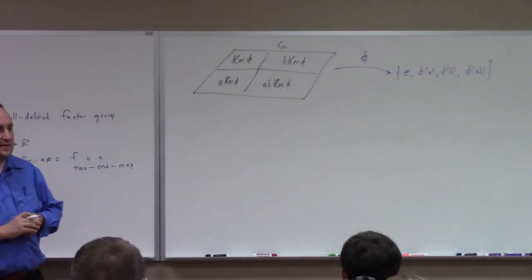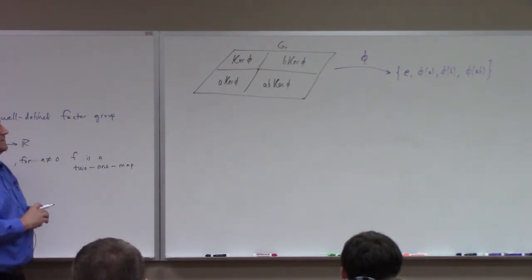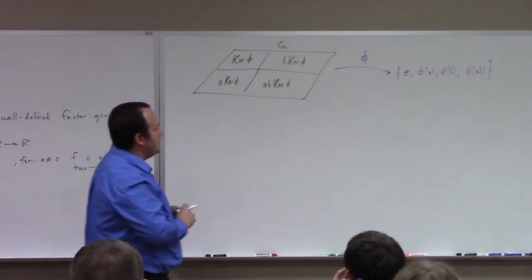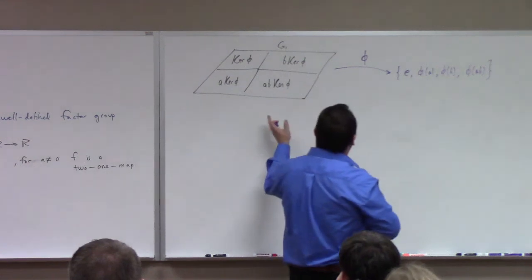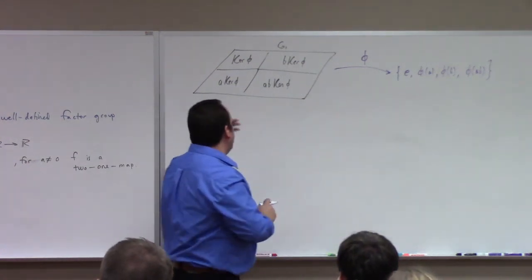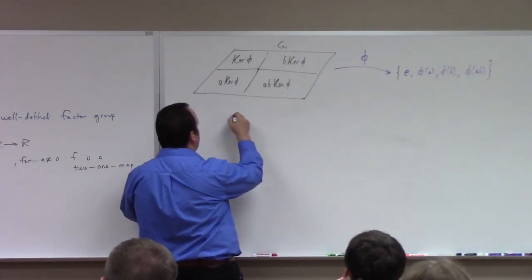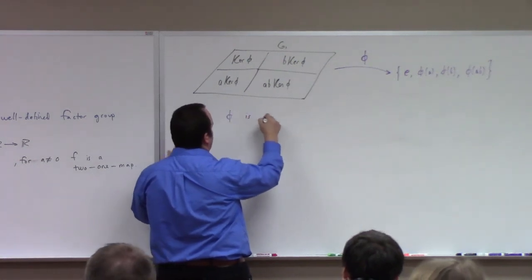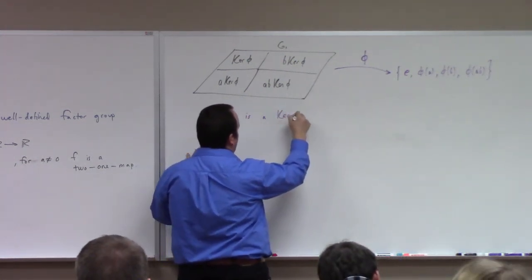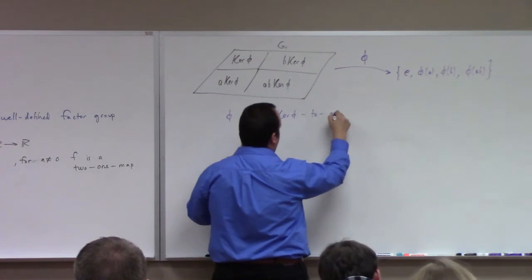If there are just 4 cosets, then it would look something like that. The point I'm trying to get to here is that phi is a kernel-phi-to-1 map.